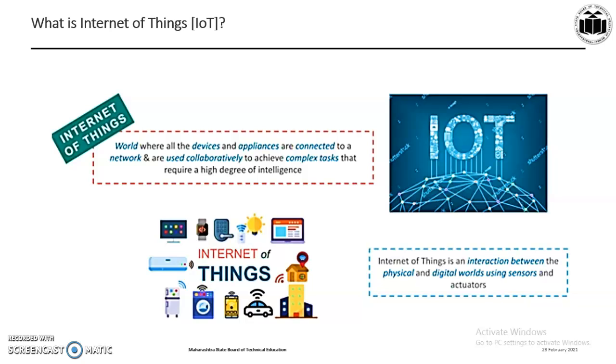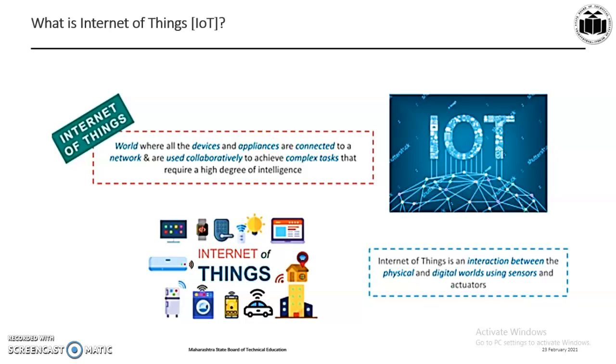As we can see in the figure, in the IoT world all devices and appliances are connected to a network and are used collaboratively to achieve complex tasks that require a high degree of intelligence. We can also define IoT as an interaction between the physical and digital worlds by using sensors and actuators.